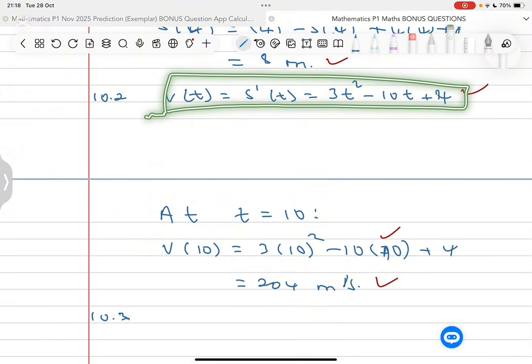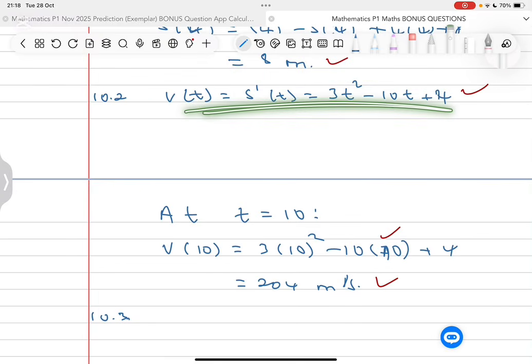To do that, we can take the second derivative and set it equal to 0 to find the minimum value. Or, because it's a parabola here, you can use the equation of a minimum turning point. You should be able to get it.